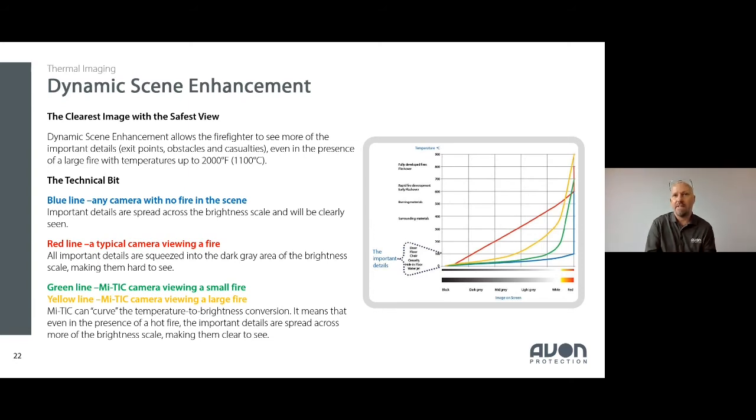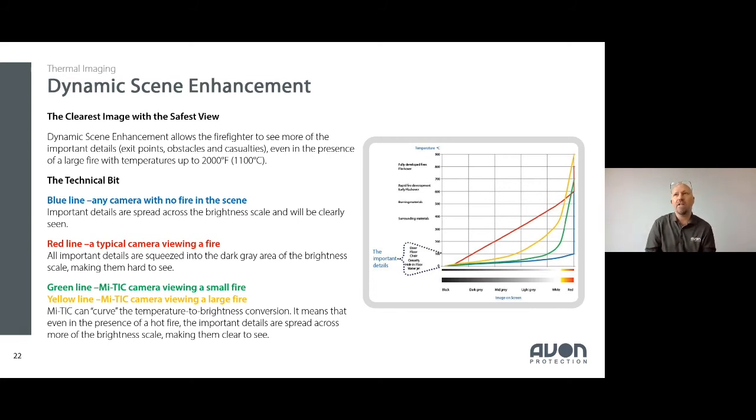Where we dynamically enhance the scene is so you can see both. You can see a very bright sun, and you can also see all the detail on a person. And we liken that to the sun representing a fire and the person representing the scene. So what you want to do is you want to see both. You want to see a clear picture of the sun or the fire, and a clear picture of the person or the scene.